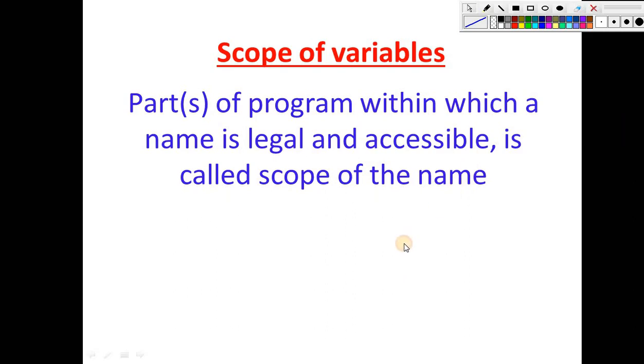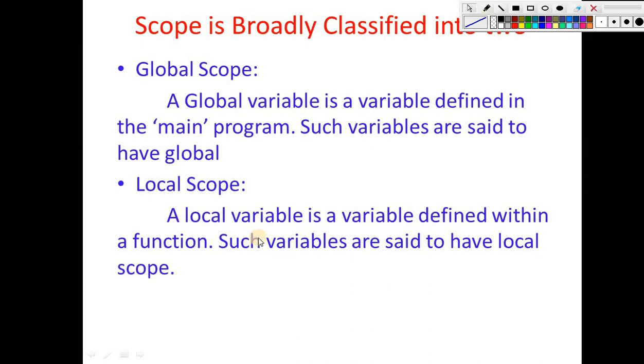The global scope is the scope where the variable is defined outside any function. That means the global variable does not come inside any function in Python; it is defined outside the function.